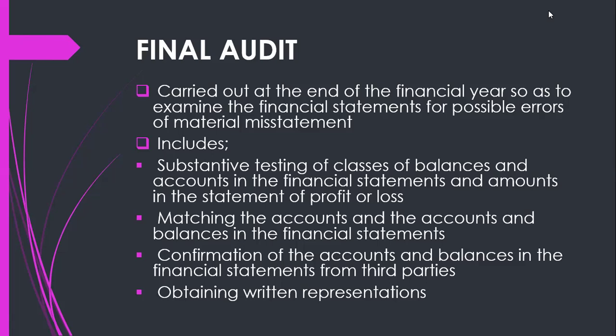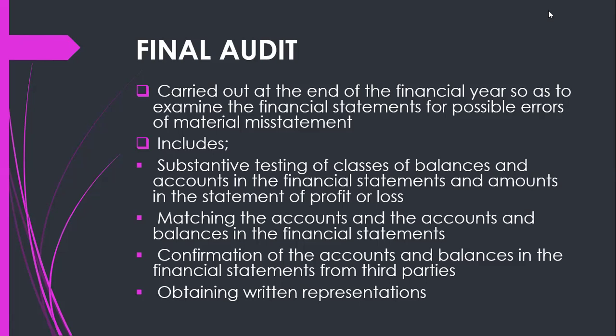So I have to make sure the evidence that we obtained, those invoices that we tested, maybe those receivables and those sales, we follow them through the financial reporting system and see how they reach the statement of financial position. Then we check if there are any errors or not, and we also match the accounts and account balances in the financial statements.